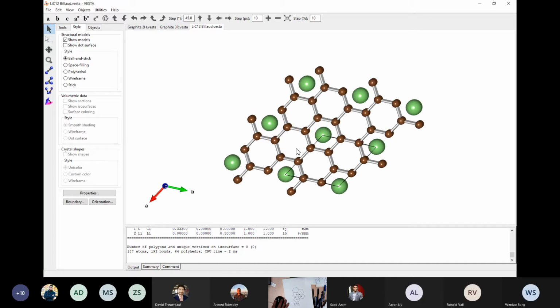You can't put them in near neighbor sites, and this is because when the lithium goes into the graphite, it tends to transfer charge to the graphite sheets. So it's sitting in here, if you like to think of it as an ion. And then when you put two lithium ions so close together, the Coulomb repulsion is very, very large.